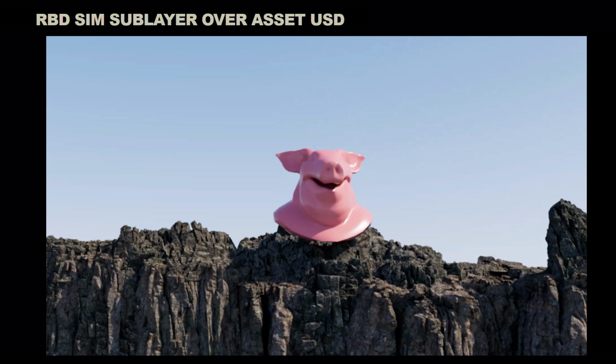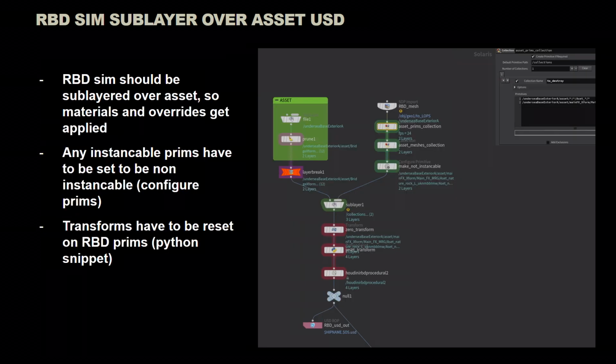If asset people give you some structure, you want to retain the same structure and give that to lighters. And this is the thing about sublayering: your RBD sim should be sublayered over the asset. And here I have a layer break, so whatever is above the layer break doesn't get written to my effects USD.